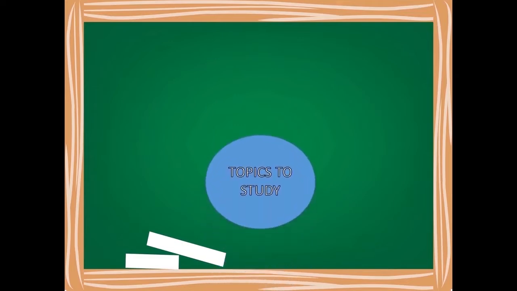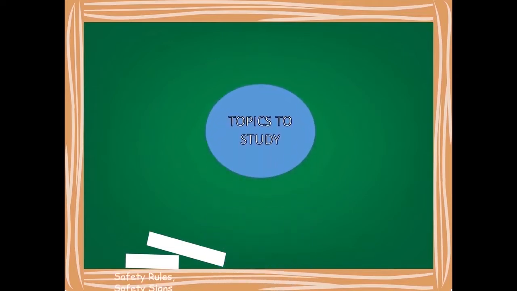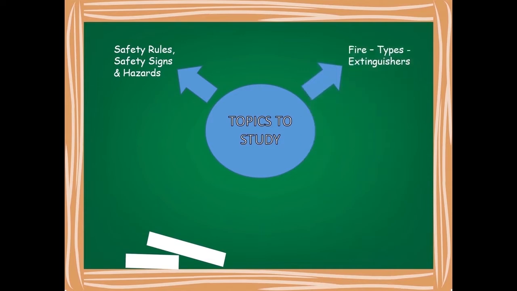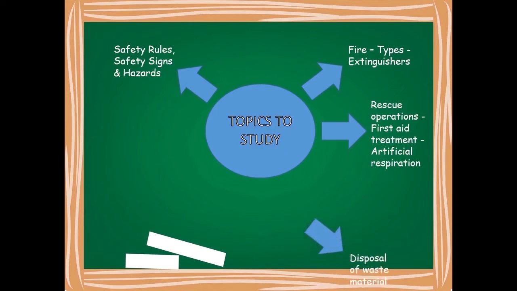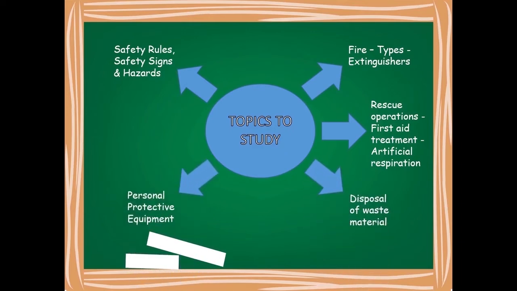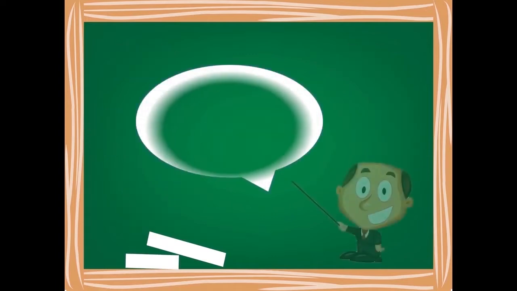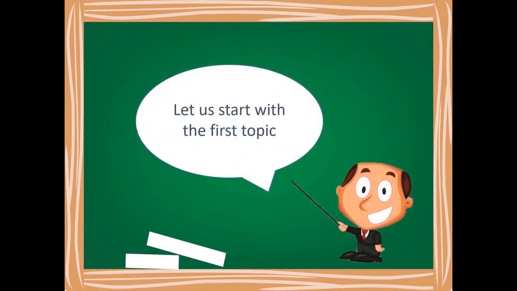In this topic, we will study safety rules, safety signs and hazards, fire and types of fire extinguishers, rescue operations, first aid treatment and artificial respiration, disposal of waste material, personal protective equipment, and guidelines for cleanliness of workshop and maintenance. Let us start with the first topic.